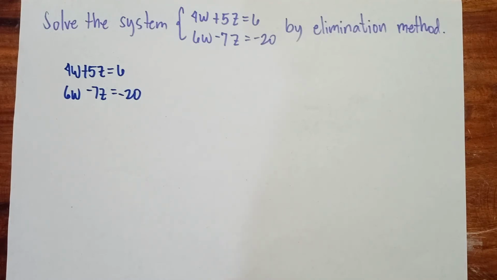So, the least common multiple of 4 and 6 is 12. So, yung gagawin natin mga boss, magmumultiply tayo ng non-zero constant to make the coefficients of w 12 and the other w negative 12 para mag additive inverses sila mga boss. Okay? So, dapat additive inverse yung dalawang coefficients.